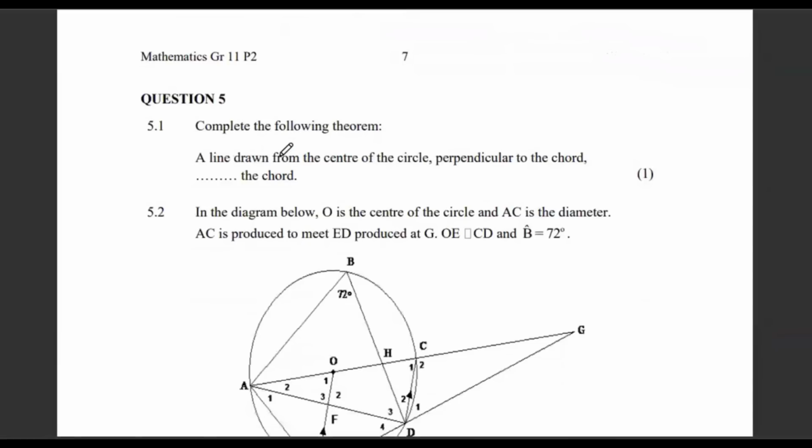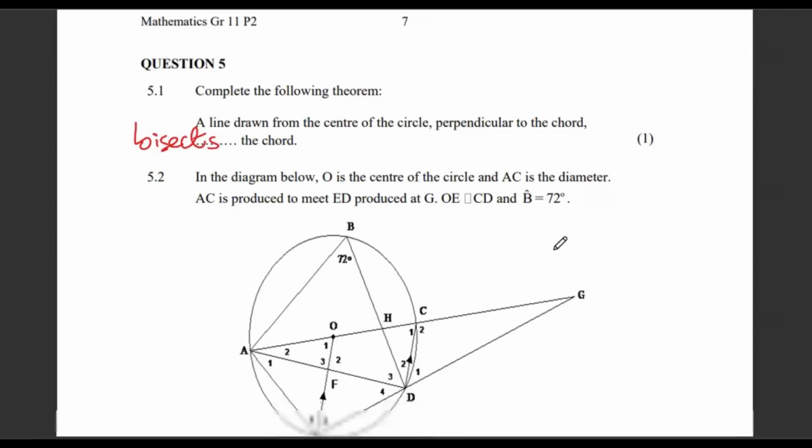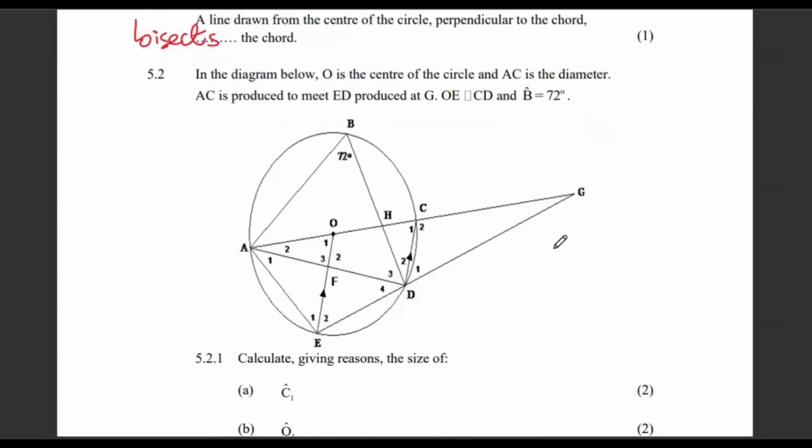Question number 5. Okay, this is now Euclidean geometry. They're telling us that a line drawn from the center of the circle perpendicular to the chord must always bisect. So it bisects the chord. Then that is theorem number 1. In the diagram below, O is the center of the circle and AC is the diameter. Okay.